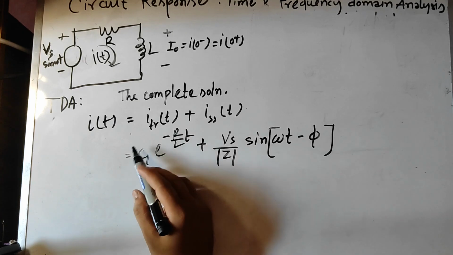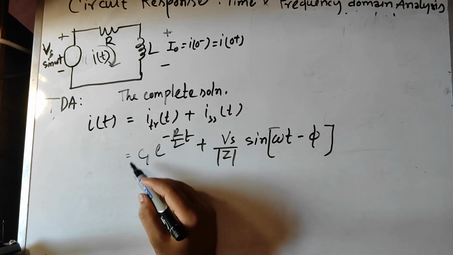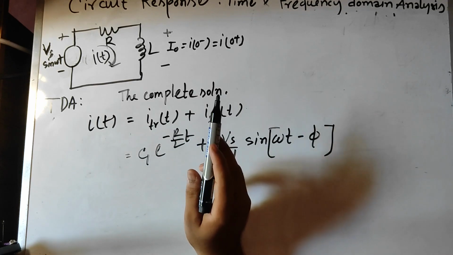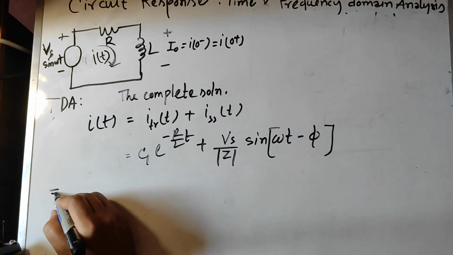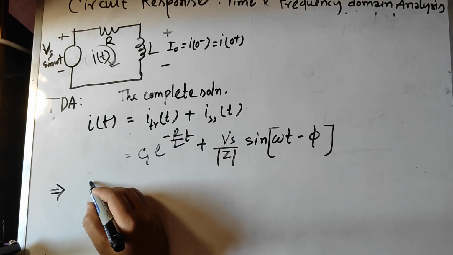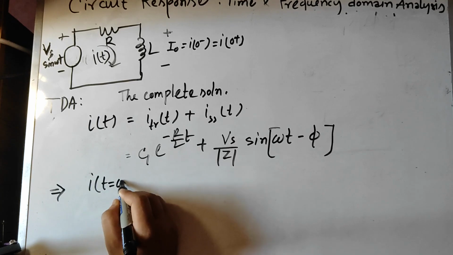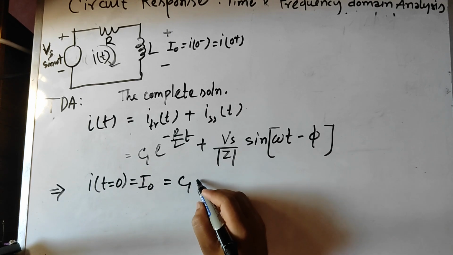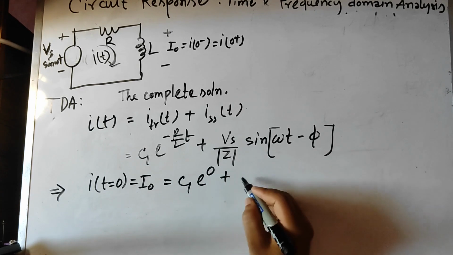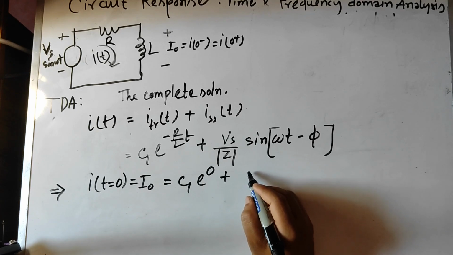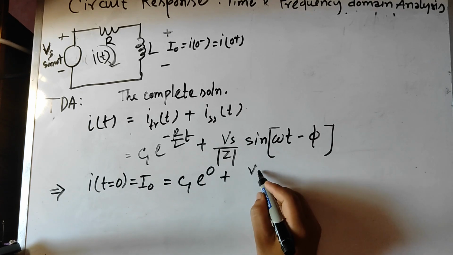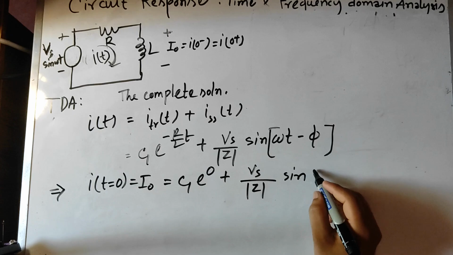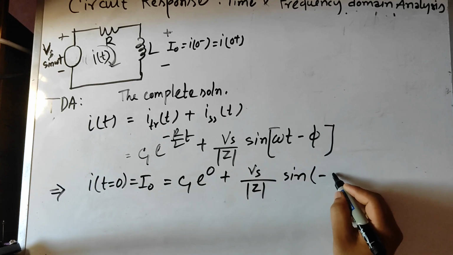Now we have to find the arbitrary constant. We know at t equals 0 is the initial value, so i at t equals 0 is Io, which equals c1 e to the power 0 plus Vs by z sine minus phi.